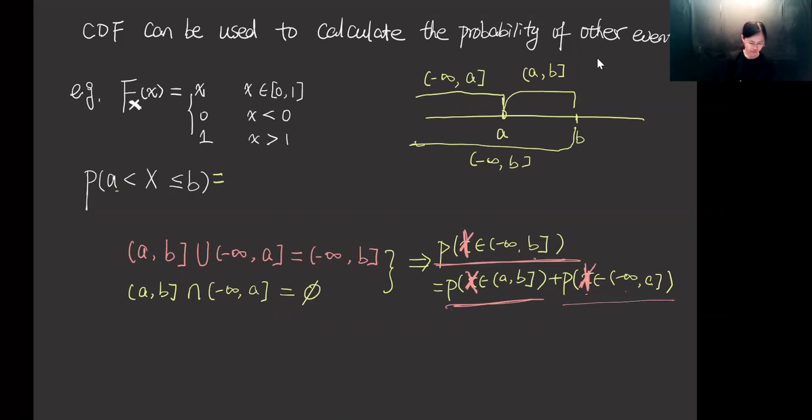So that should be the probability that X is less than or equal to b minus the probability that X is less than or equal to a.